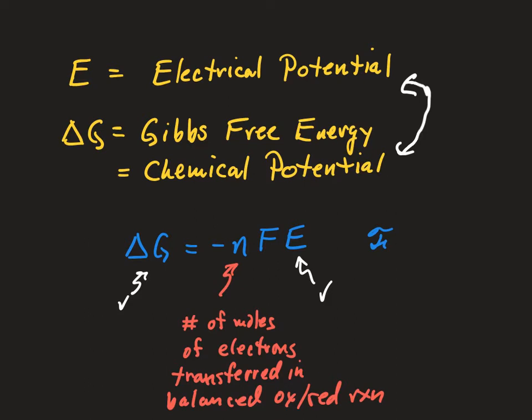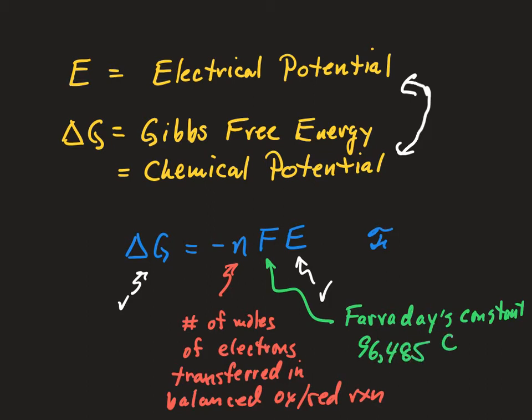And F, whether written this way or as a fancy script, and often you see it in print as a fancy script, we've seen this before, that is Faraday's constant, which is 96,485 coulombs of charge per mole of electrons.